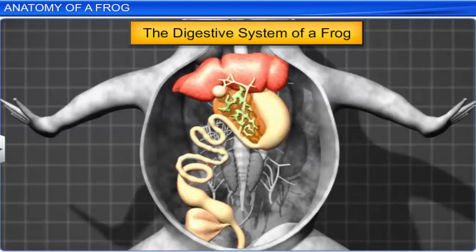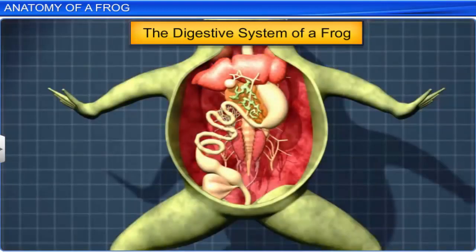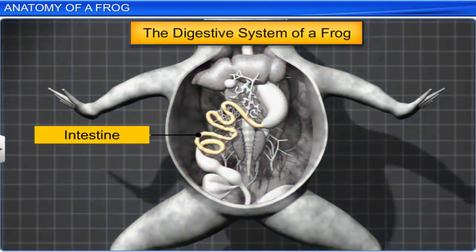The digestive system consists of an alimentary canal and digestive glands. Frogs, being carnivores, have a reduced intestine length. This makes the alimentary canal short.